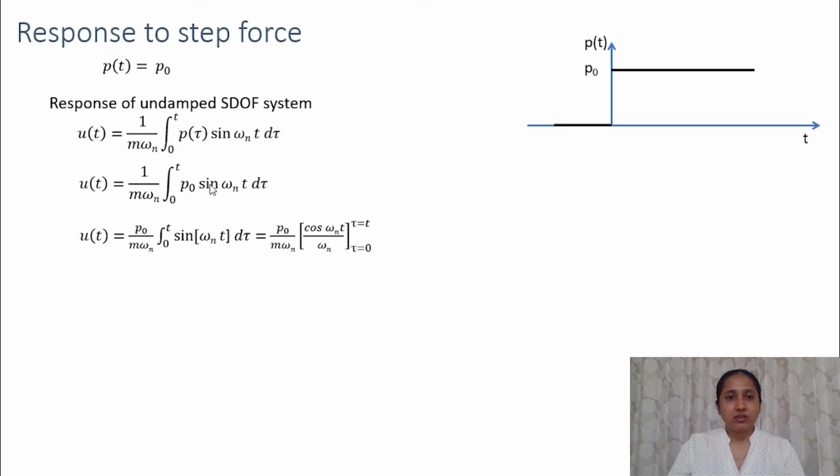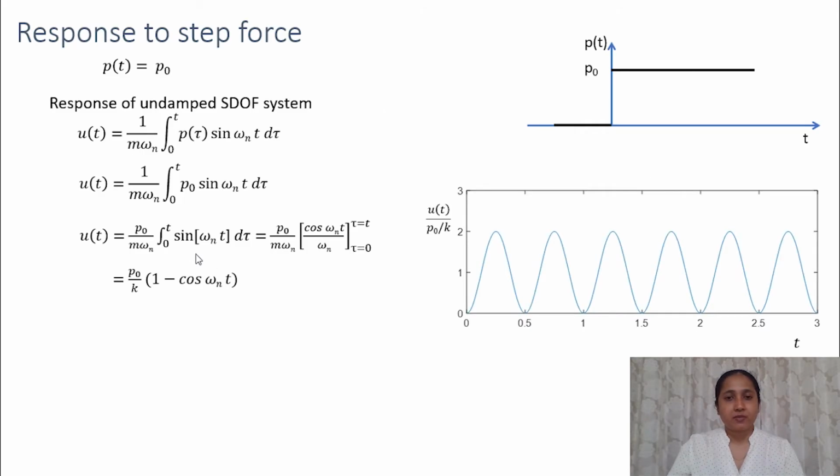If you integrate, we would get p naught by k times (1 minus cos omega n t). This is the displacement response of an undamped single degree of freedom system under this force. If we plot this expression, the response is like this.